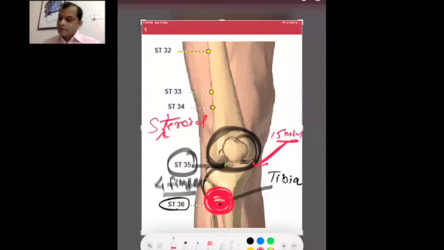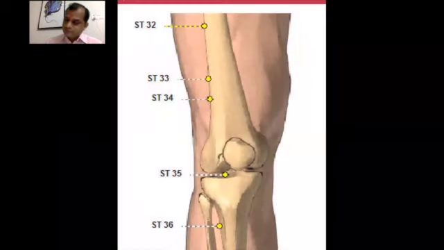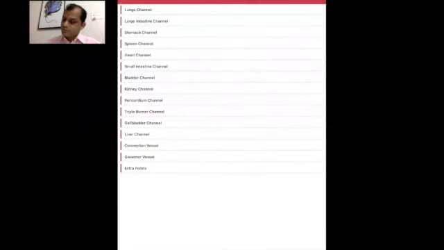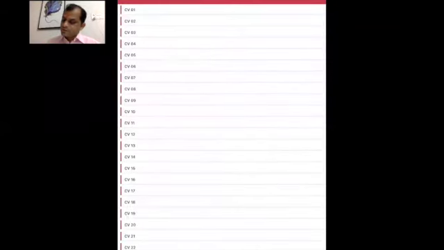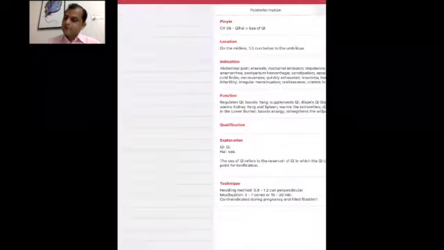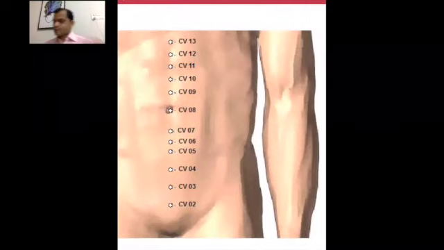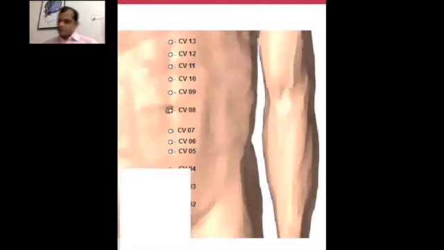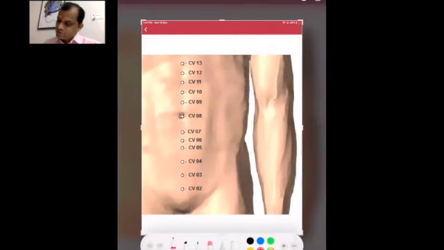Now another point, that is called CV6 and CV4. So coming to the navel region, if in this image you see the navel region, this navel region is called CV8 or conception vessel 8 point.